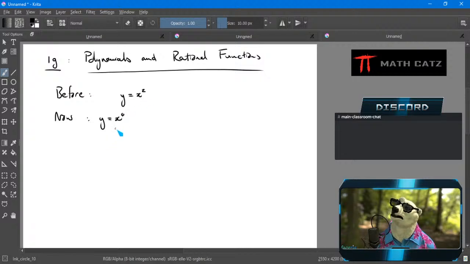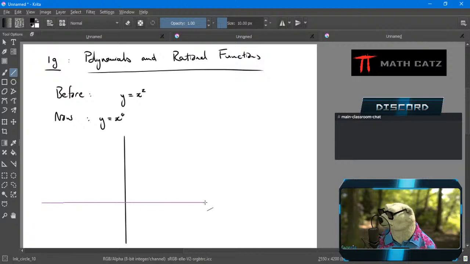And although it's not a parabola anymore, its graph is very similar to the parabola, where I sort of see them as the same shape. Admittedly, they're not exactly the same shape, but they are very similar.